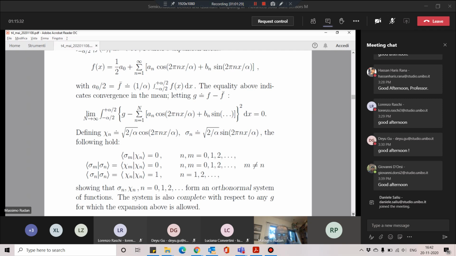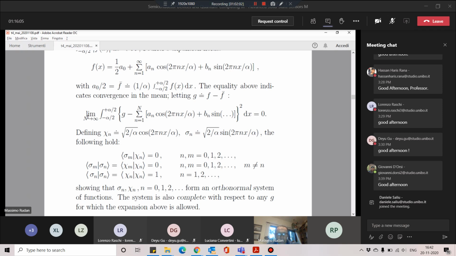In addition, we know that in the case of the Fourier series, this limit is 0 if the original function has the property of being integrable in modulus over the domain, okay? So when this limit goes to 0, we say that the Fourier series represents the function in the average, okay?